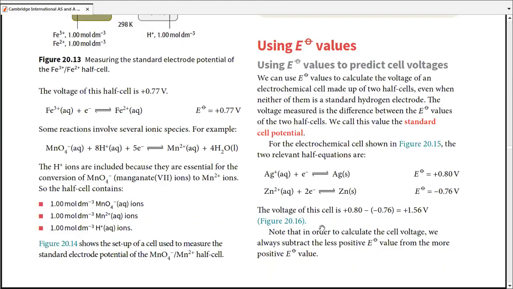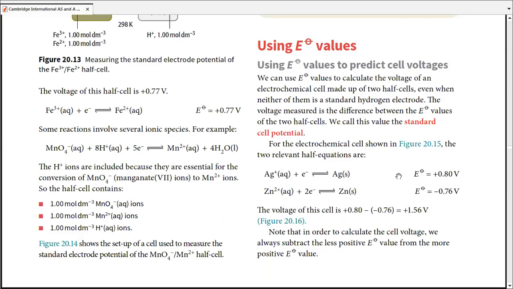But before we do that, theoretically speaking, how do we calculate 1.56 volts from these two values? One of them is plus 0.80 volts, the silver cell when we connected it to the SHE, and the other is the zinc one. When we connected it to the SHE, we got the value minus 0.76 volts.